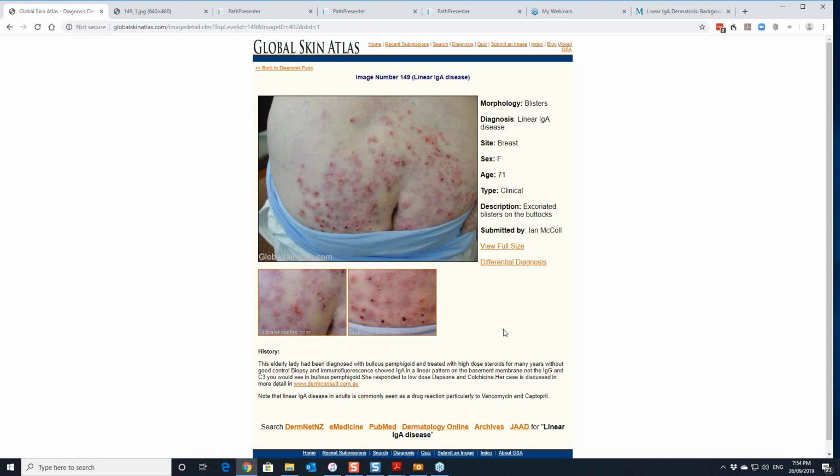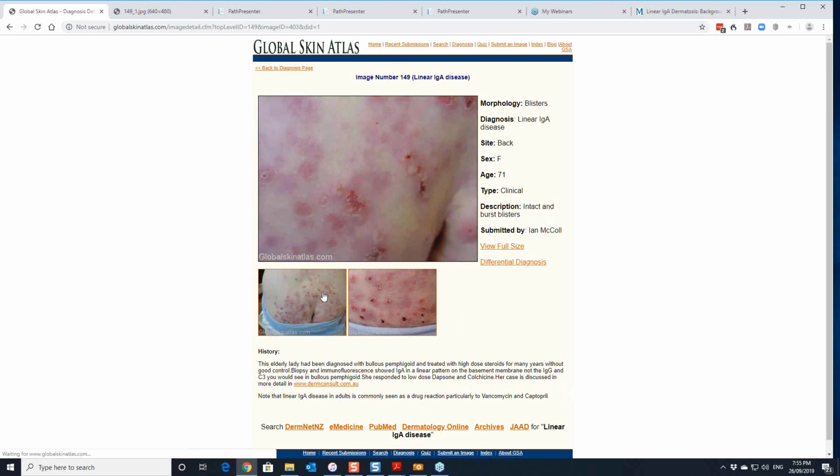Had she had a biopsy done before? She probably had, and it was probably just an ordinary H&E biopsy. Immunofluorescence probably wasn't done, because when we saw her later, we did another biopsy and direct immunofluorescence, and it showed IgA in a linear pattern on the basement membrane, and not the IgG and C3 that you would see in bullous pemphigoid.